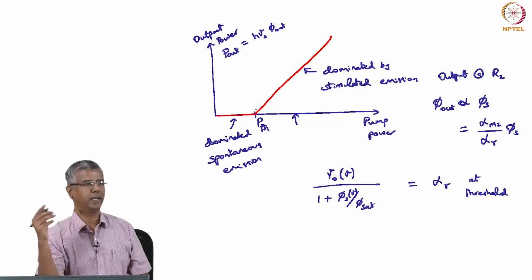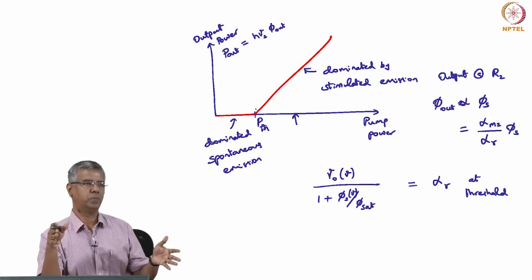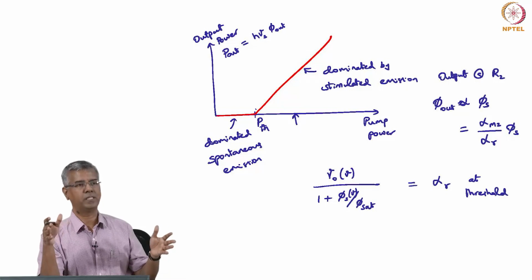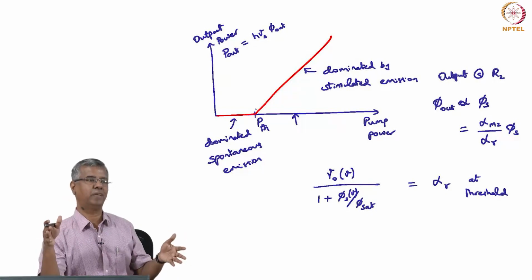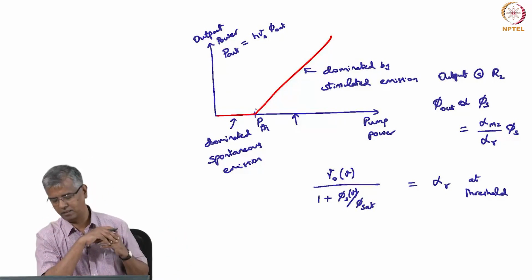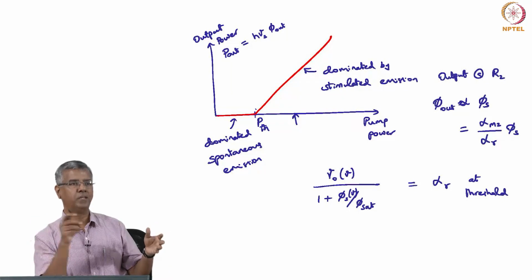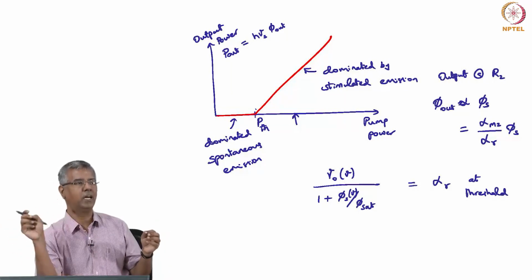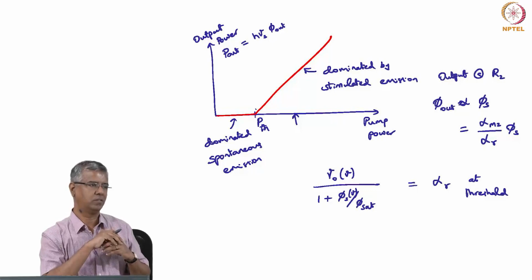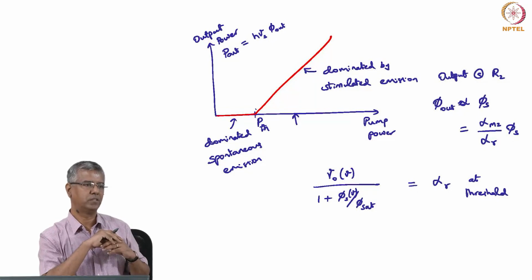Right? The photons that you get out are only a fraction of the photons that you have built up in the cavity. For example, if it is a high finesse cavity with very high reflectivity mirrors, then you build up a lot of photons in the cavity, and you are actually leaking out only a few photons from the cavity. Okay.